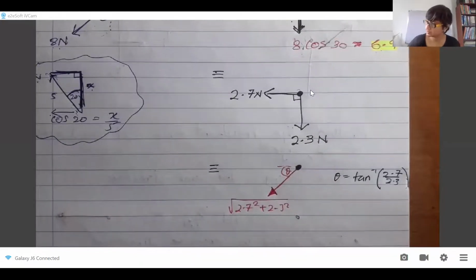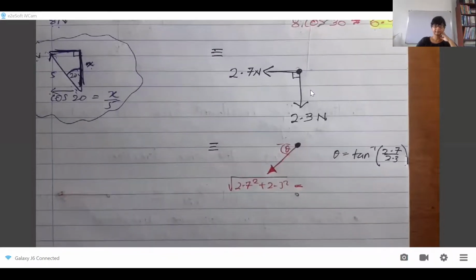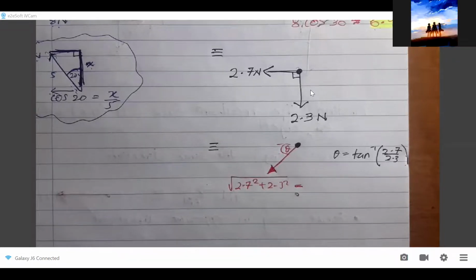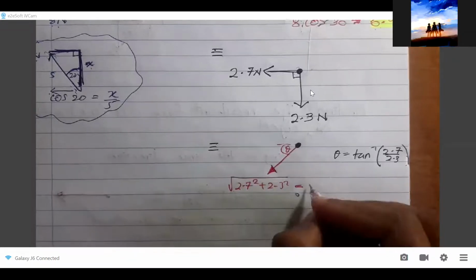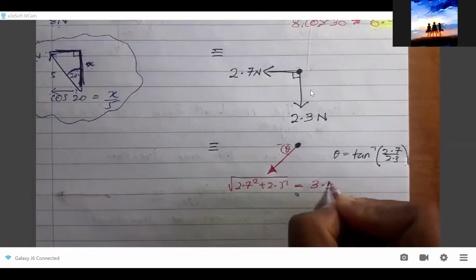And this is how much? How much is this? The number of newtons is 3.5 newtons.